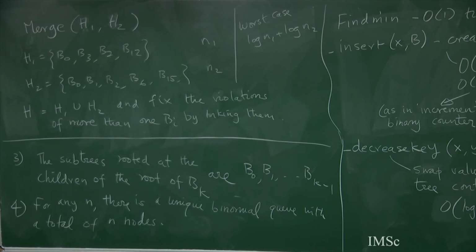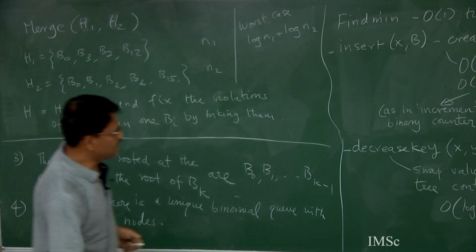I'm going to delete that root. This property is going to be useful because that will be one heap, and my original thing is another heap. I'm going to merge these two heaps, right? So let's do.